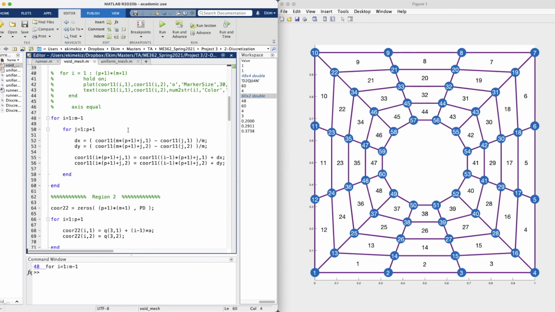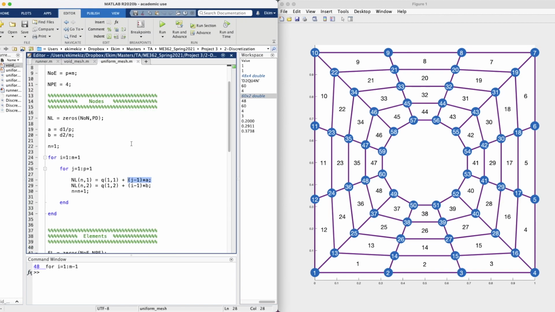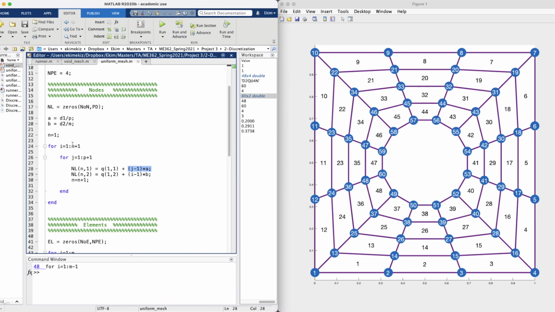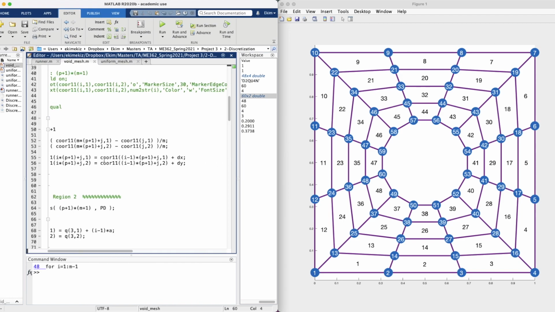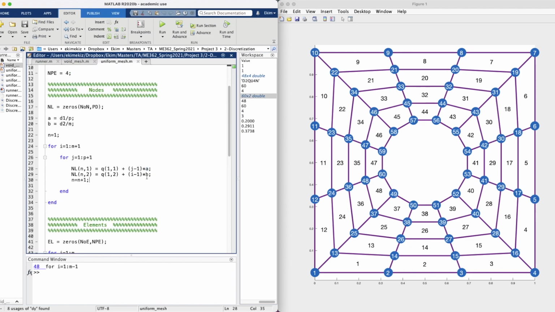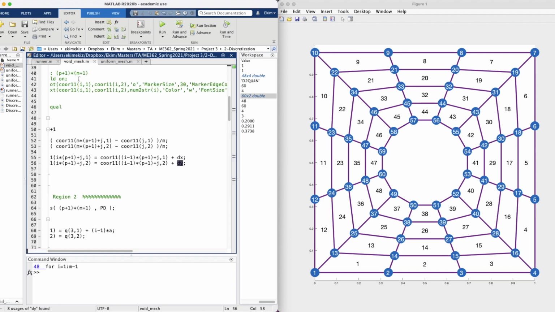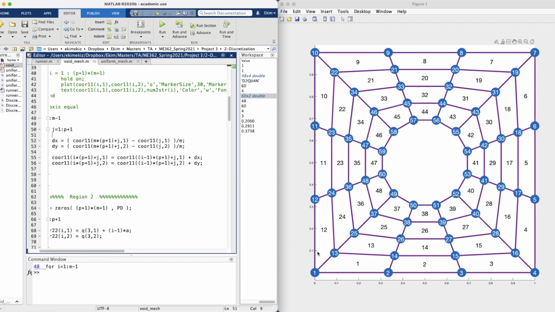And then I want you to take a look at the node generation we had for our uniform mesh. We always add our increments times something to the initial coordinate of the corner. We do the same thing here. It's just that the A's and B's we had in our uniform mesh are now changing.